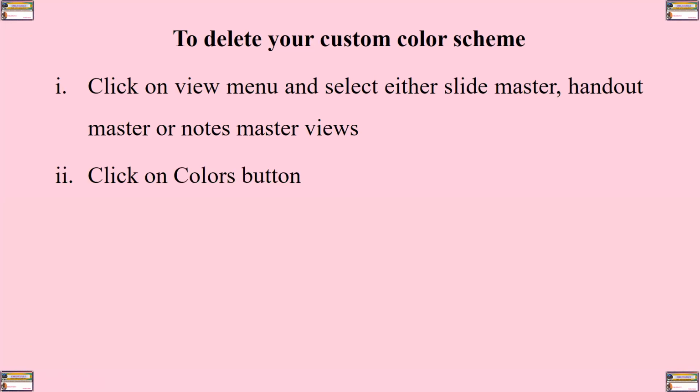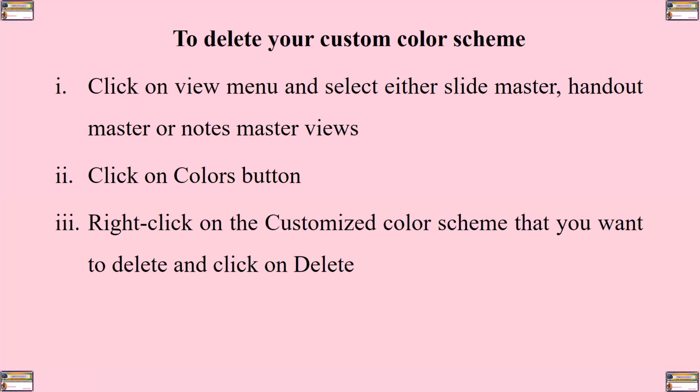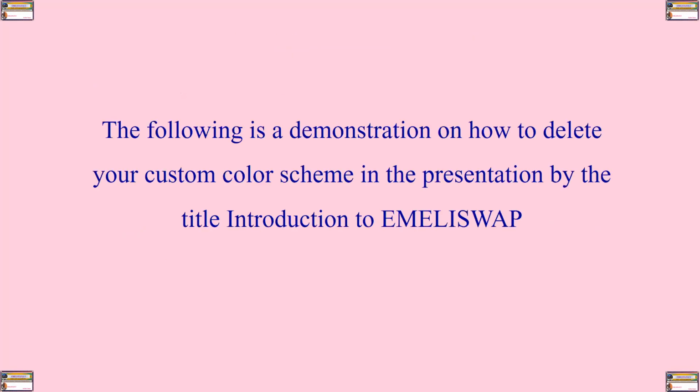And then you click on Colors button, just as you have done. And then you right-click on the customized color scheme that you want to delete and click on Delete. Then you click on Close Master View. The following is a demonstration on how to delete a custom color scheme in the presentation by the name Introduction to ML Swap.